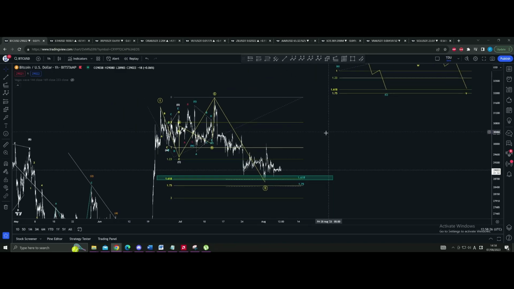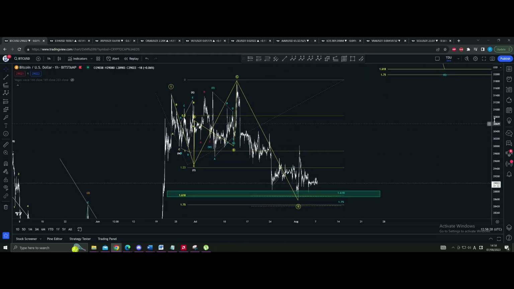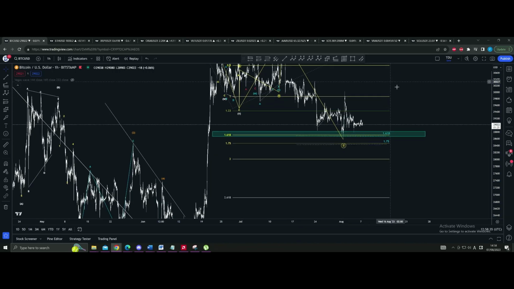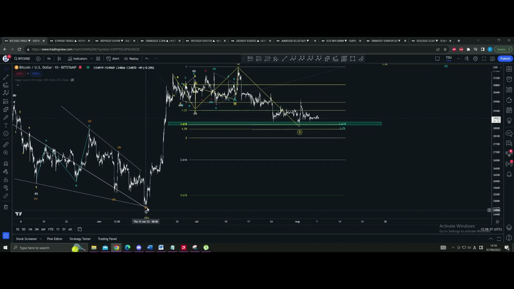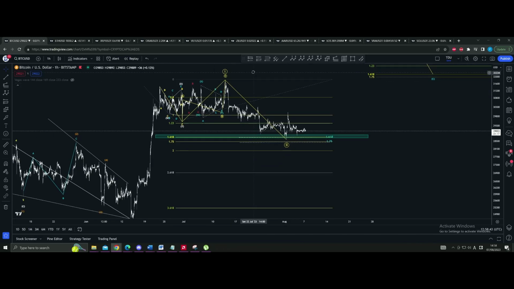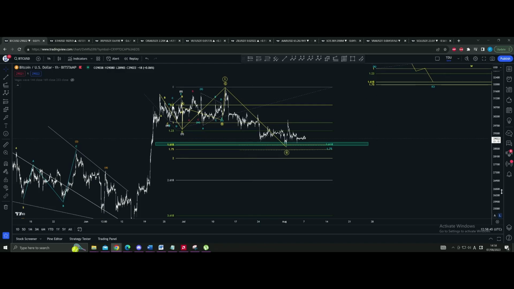So the only way for me to even try to find a potential proper count here is if you put your one here, that I don't like already, because this seems to me like a completed impulse over there, and now we have a sideways. So if you put your one here, consider that this is 4, that I don't like again.